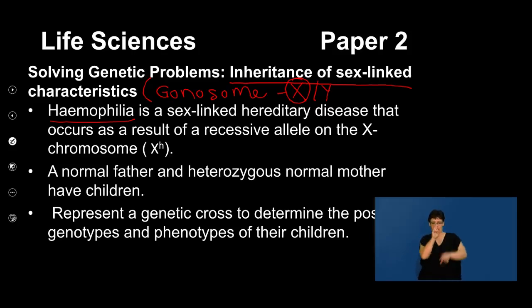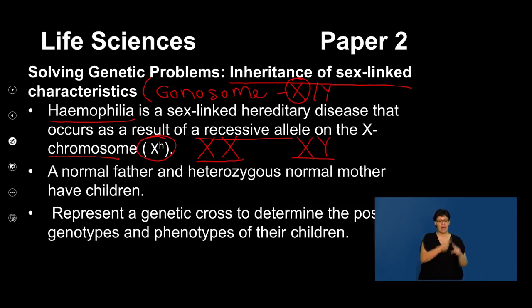So here is a sex-linked disease, and it is a recessive condition, meaning that individuals that are affected will have the recessive allele. As I mentioned, when we indicate the inheritance of sex-linked characteristics, we've got to show the gender, and we know that the gender of individuals are indicated using the letters X and Y, and in this case, females have 2 X chromosomes and males have an X and a Y. We also know that we've got to indicate the inheritance of characteristics using alleles, and in this case, we've got to use them as a superscript.